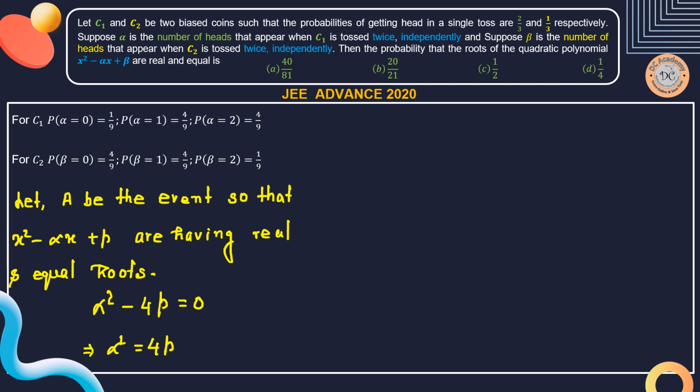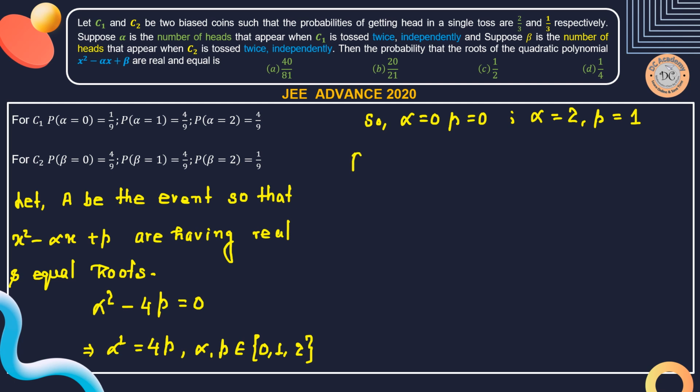Now here we also know that alpha and beta take only the values 0, 1 and 2. So this condition is satisfied only when alpha equal to 0 and beta equal to 0, or the second condition, alpha equal to 2 and beta equal to 1.